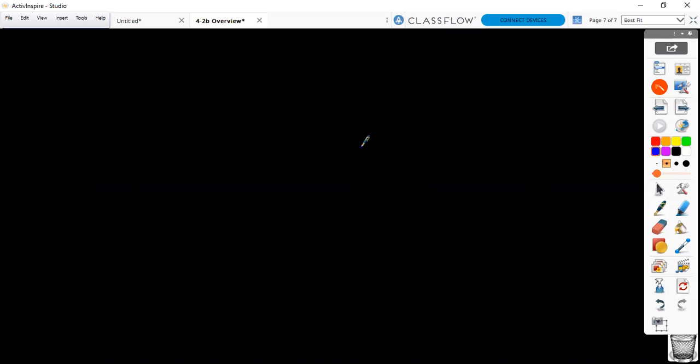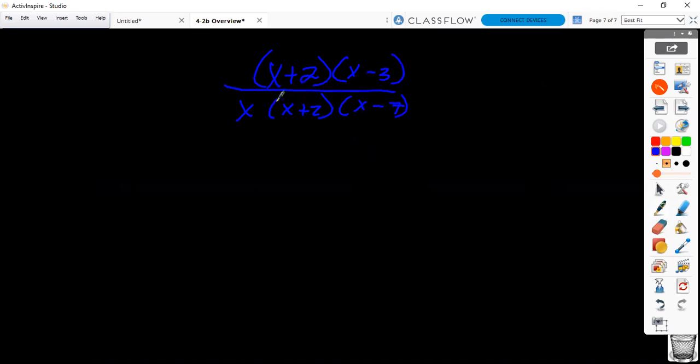Let's say we factored our problem and we came up with x plus 2 times x minus 3, all over x times x plus 2 times x minus 7. So our leading terms on top would have been an x squared, and on the bottom an x cubed. So from that, we do know that we have a horizontal asymptote on the x-axis, because we have a higher degree on the denominator.